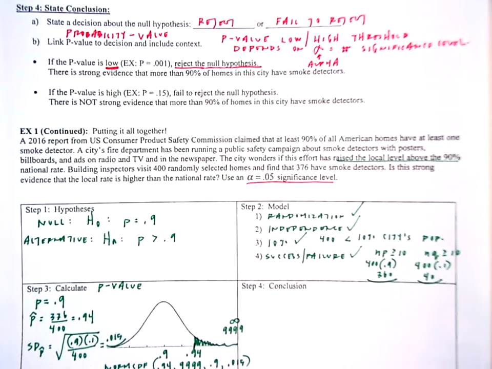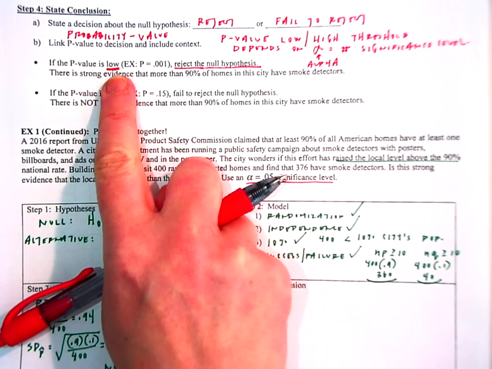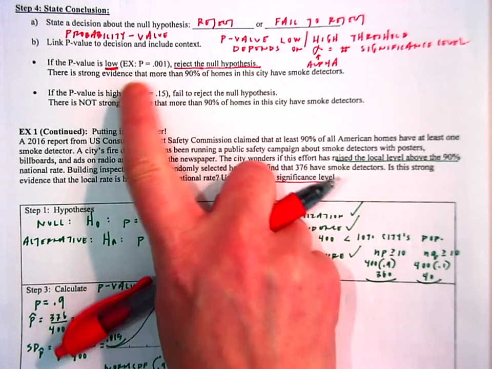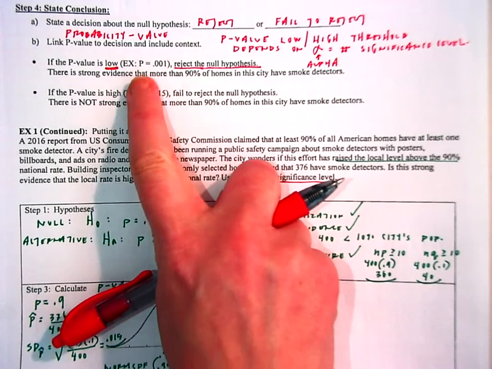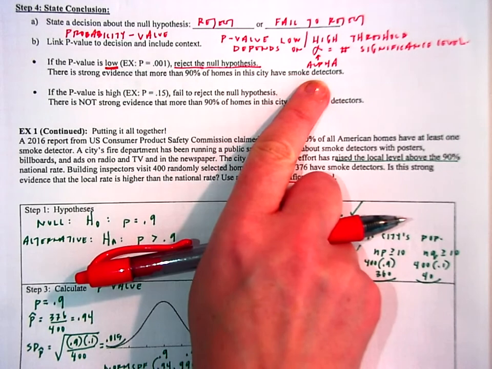That would mean that we're seeing strong evidence that more than 90% of homes in this city have smoke detectors. We're saying this outcome is so low that we don't think the status quo is being maintained. We think there has been a change for the better here, that more than 90% of homes have smoke detectors.